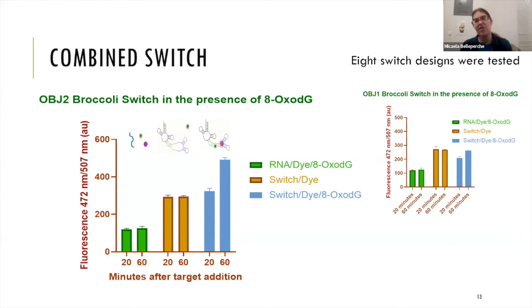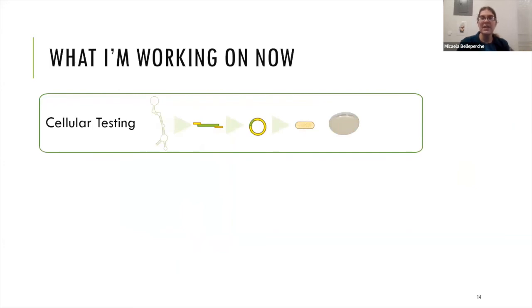This was one of 8 switch designs that I tested, and on the right you can see a non-successful switch design where after the course of an hour there is no increase in signal when 8-oxo-DG binds, suggesting that either the broccoli aptamer wasn't destabilized enough, or that it's not stabilized sufficiently by 8-oxo-DG binding, or that 8-oxo-DG wasn't binding at all.